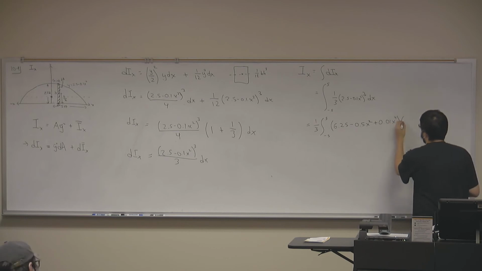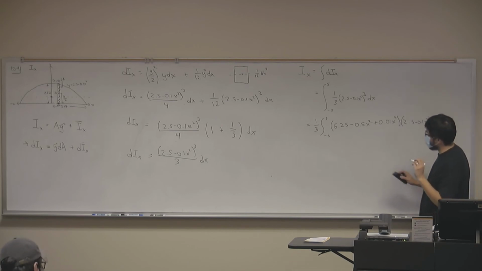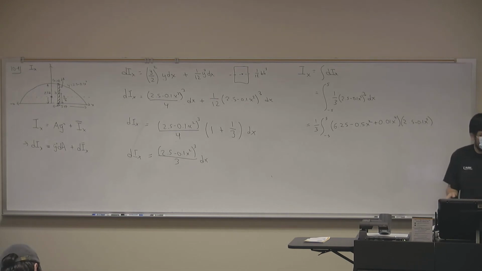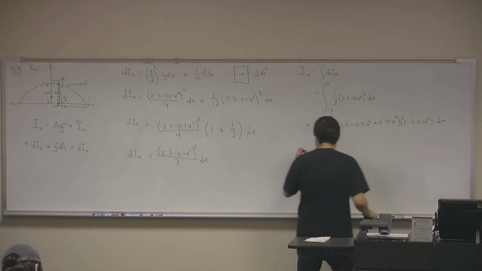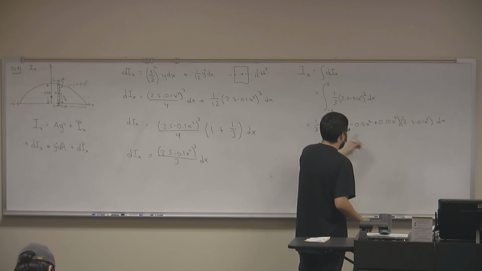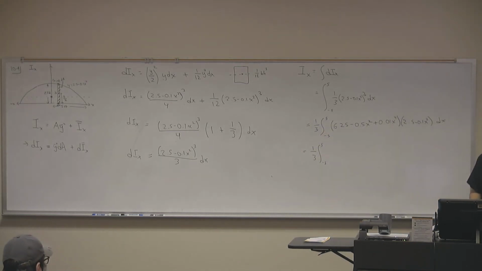And all this multiplied by 2.5 minus 0.1 x squared. Is that correct? I just multiplied this by itself, but then I still have one more left because it's cubed. Does that make sense? Okay, good. And then the dx. And now I can multiply one more time. 1/3 integral from -5 to 5, 2.5 times 6.25.